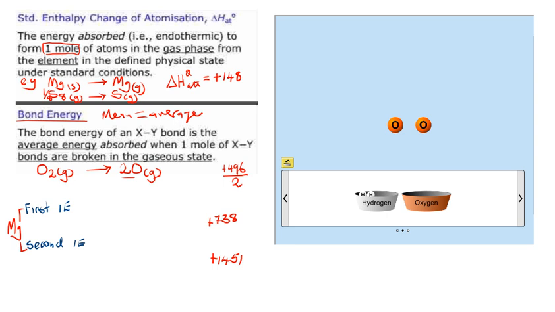Then the enthalpy change of atomization of oxygen will be equal to plus 248 kilojoules per mole. All right.